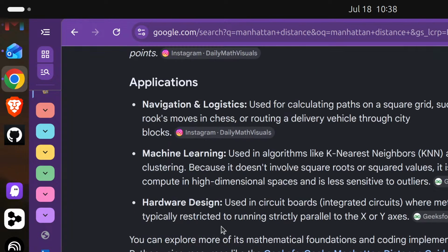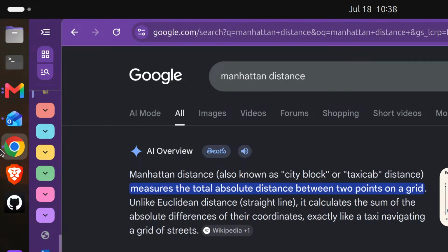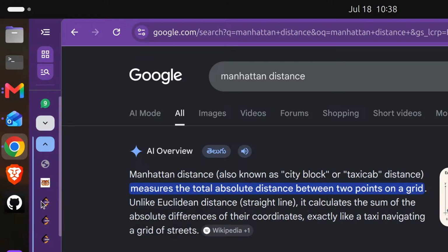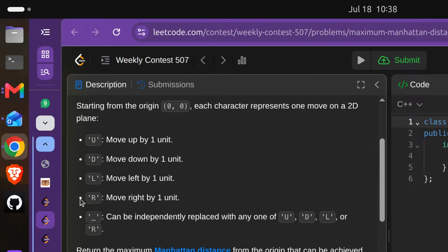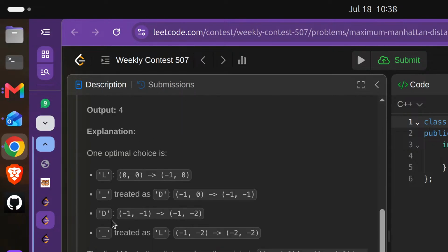So we need the maximum Manhattan distance, alright. So let's come to the question. How can we do this?